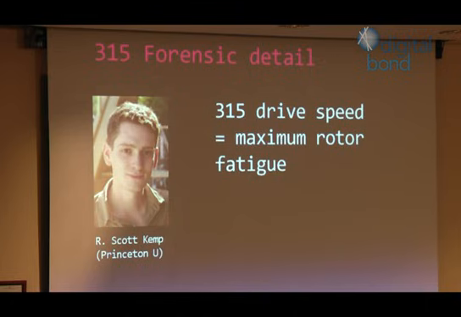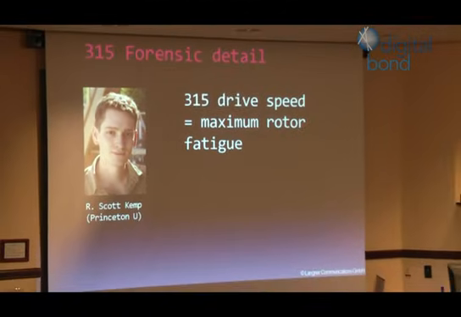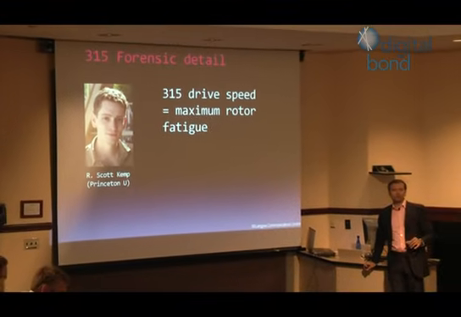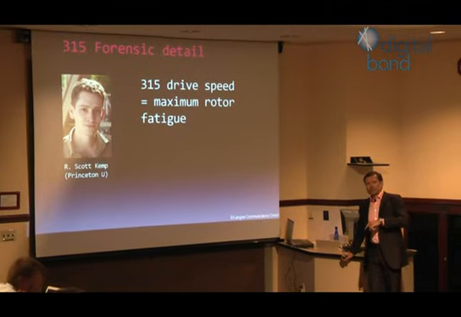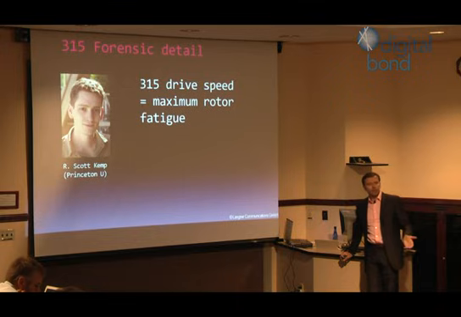One final interesting detail, this whole approach of putting the emphasis on disguise is also supported by another finding from one of the best nuclear scientists in the USA. This is Scott Kemp. He also works at Princeton. And he has discovered that the drive speed that the 315 attack code sets when doing the manipulations is actually the specific speed that you would need to introduce maximum rotor fatigue, which again tells us the idea is not to break as many rotors as quickly as possible.